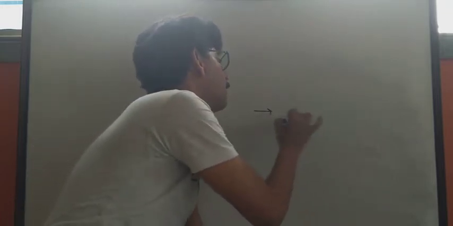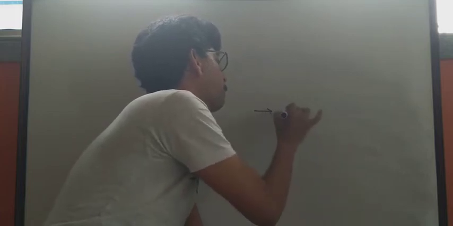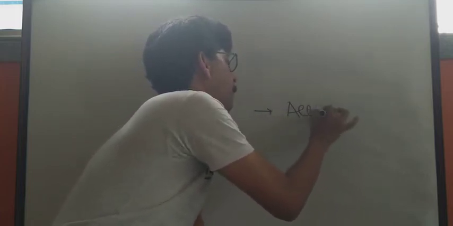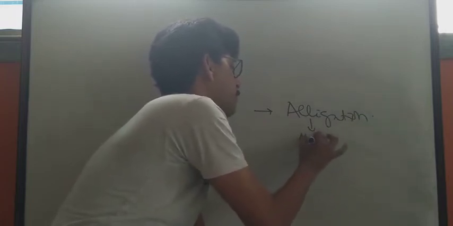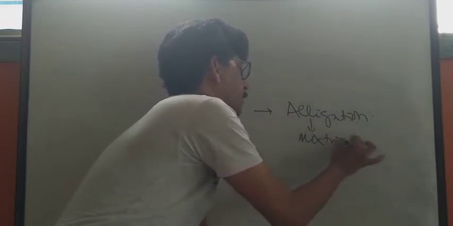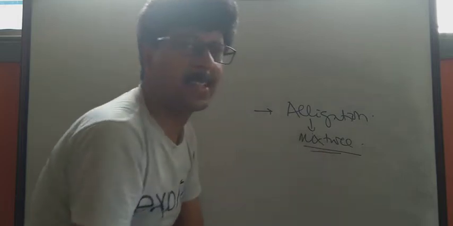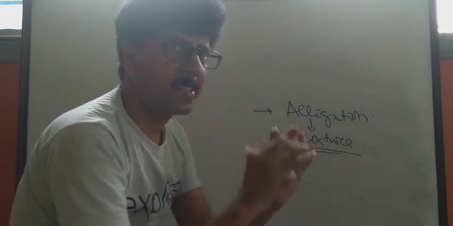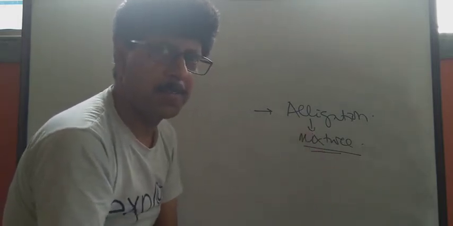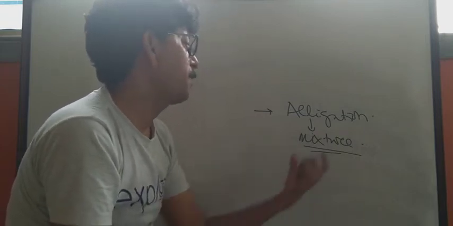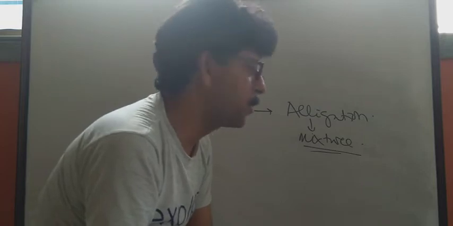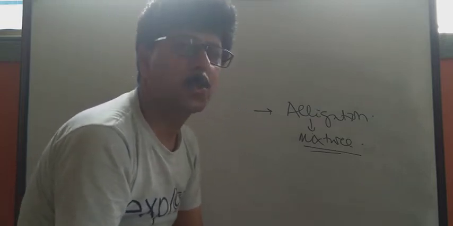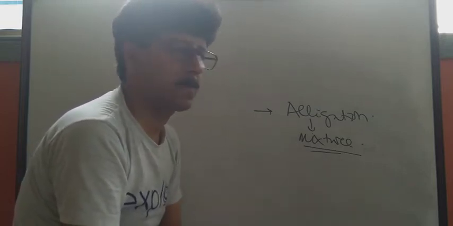Next part is allegation. We also call it mixture. Sometimes mixture is restricted to a small domain of chemistry, where mixture means mixing, heterogeneous or homogeneous, two or more substances to make a mixture.